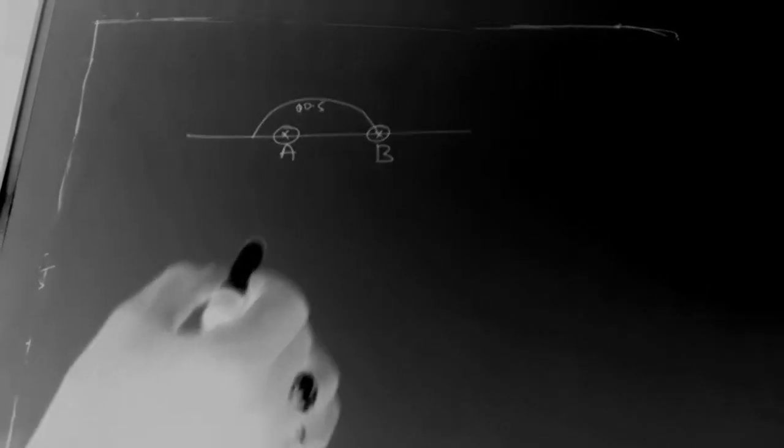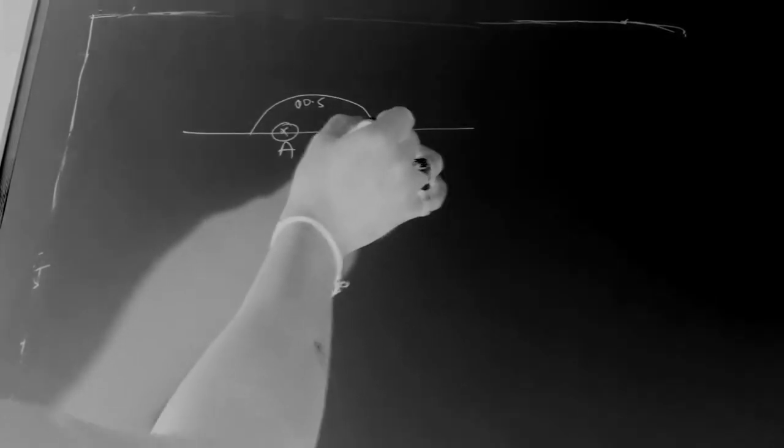Now keeping the compass needle at B, taking a radius of 1.0 centimeter, they draw another arc like this.